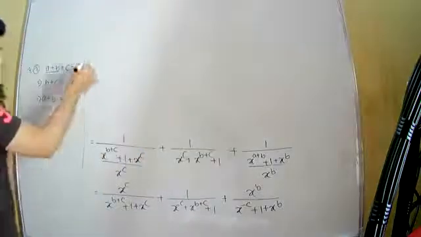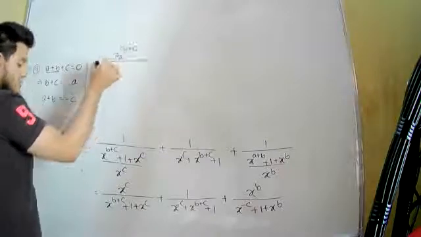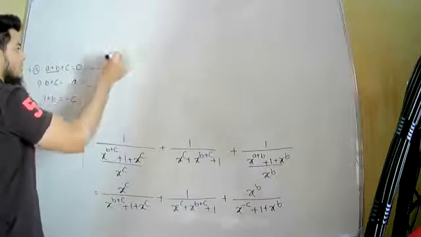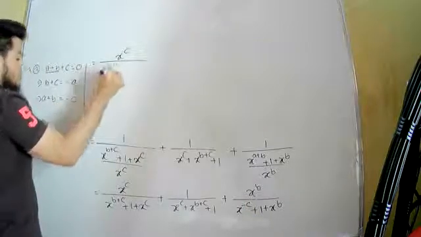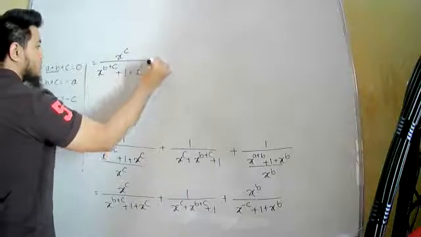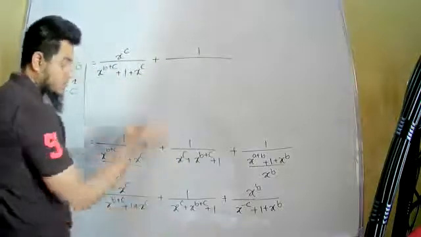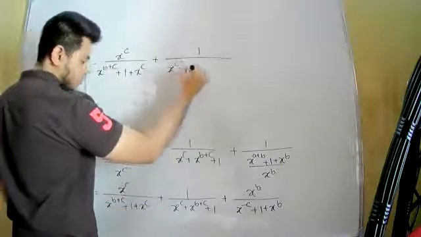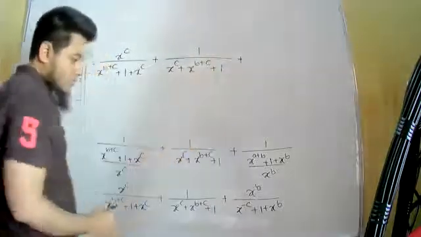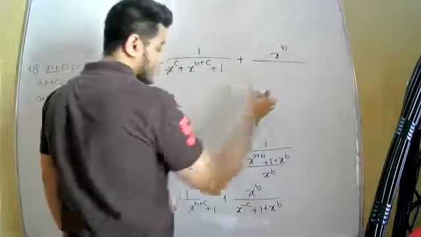Okay. So the first one, we will keep it the same, x to the power c only. Sorry, it is x to the power c only, divided by x to the power b plus c plus 1 plus x to the power c, plus 1 by x to the power c plus x to the power b plus c plus 1, plus this one, we can do further calculation.